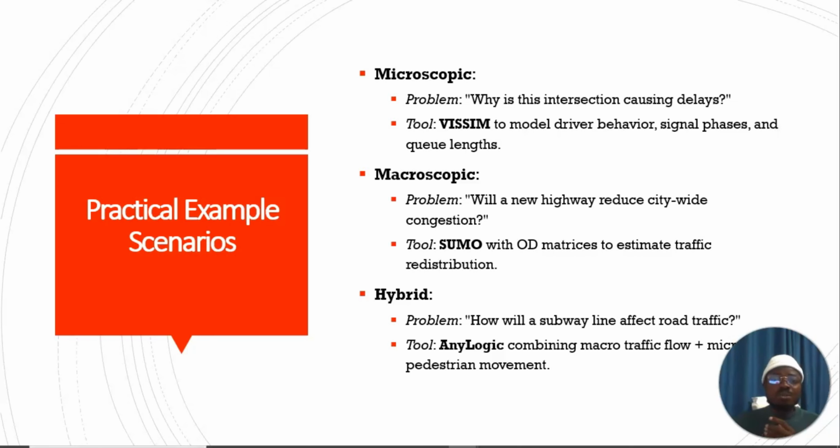Combining these two will help us to have a better understanding of how a subway line can affect road traffic. We have it also in the case of the implementation of a tram line, where we have the combination of the tram line and also the movement of vehicles and pedestrians on that road. Through the use of this hybrid simulation, it can help to combine this and come up with a definite system on how to combine this effectively.